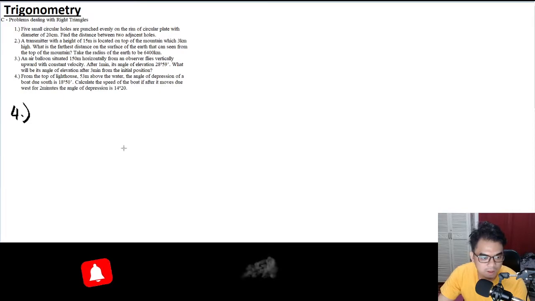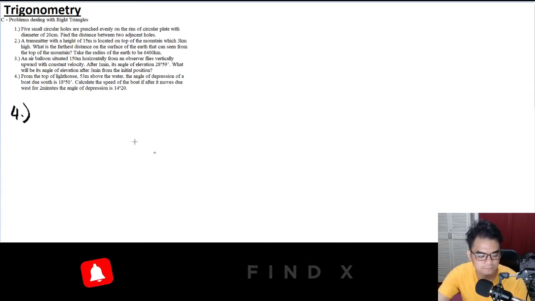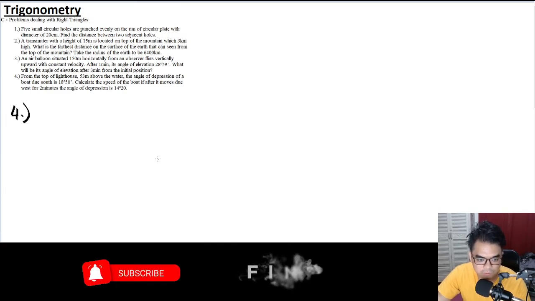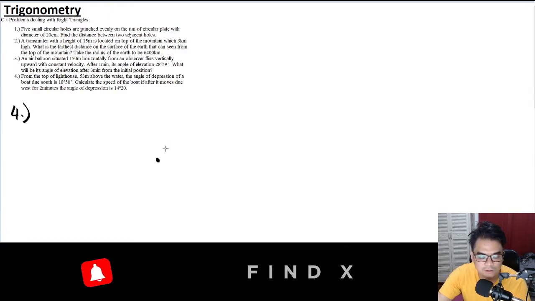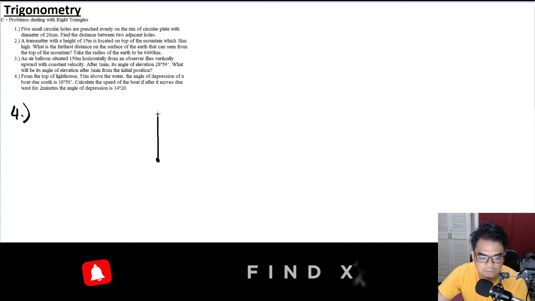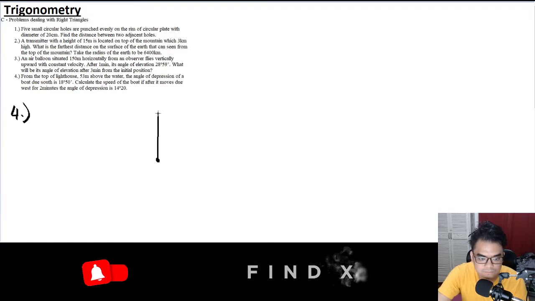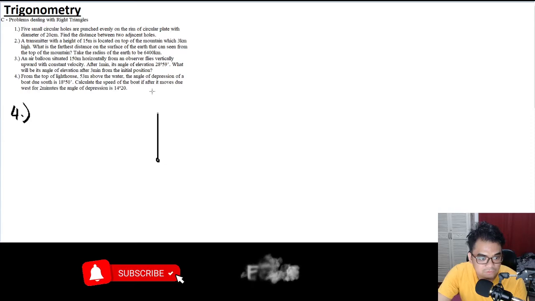Let's say that this is, so this is 3D actually. Let's say that this is the water. If that is the water, therefore we can have here a straight line, and that is 53 meters above the water.